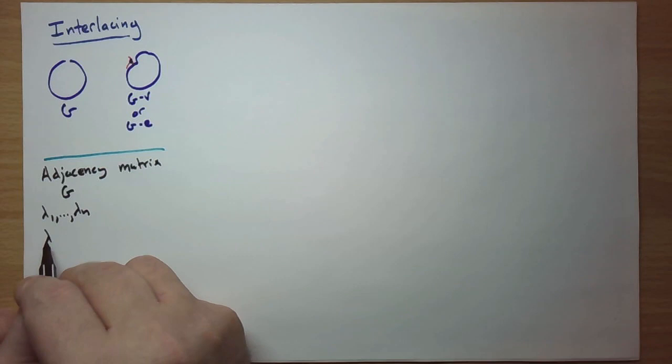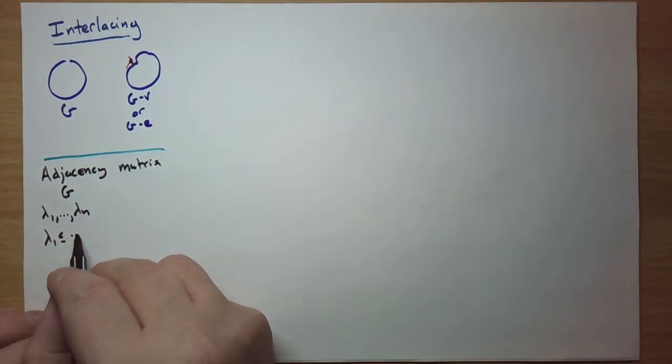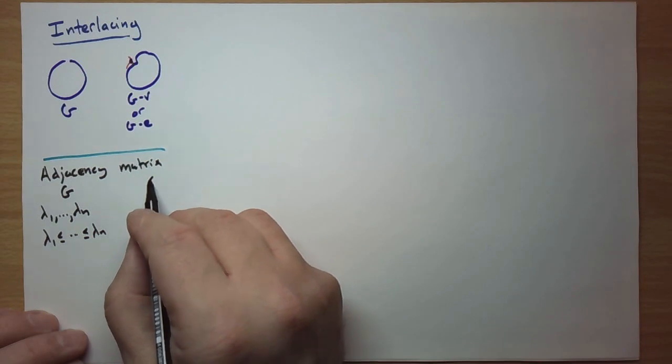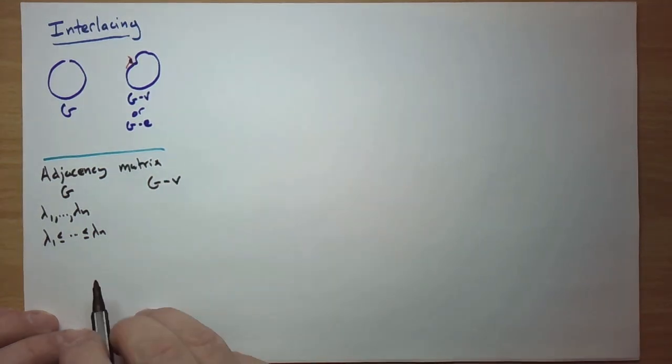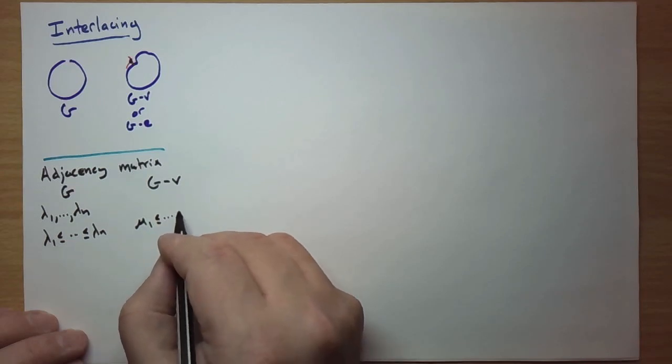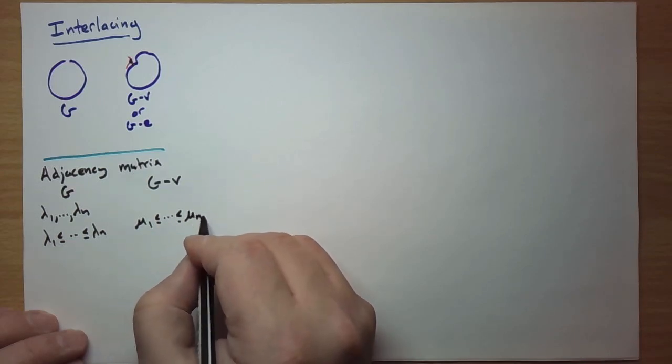And I should actually put these in order. So lambda 1 less than or equal to all the way up to lambda n. And then we'll compare it with G minus a vertex V. So this is mu 1 all the way up to mu n minus 1.